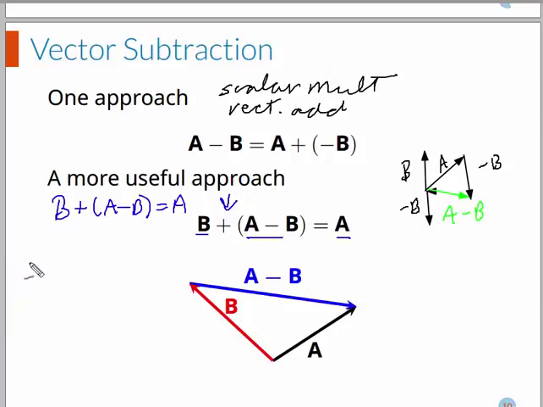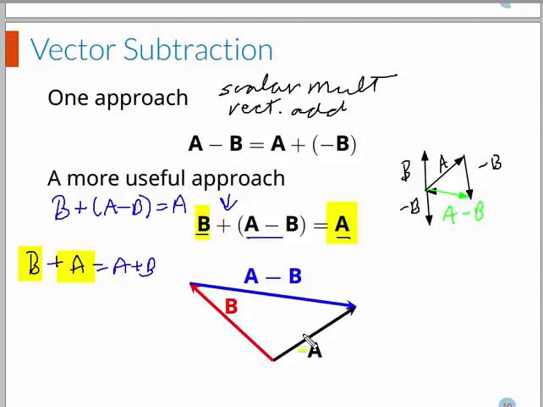Previously, we had B plus A, for example, equals A plus B. So we knew B, we knew A, and we found A plus B. Here we're going to know B, we're going to know A, but we're going to find A minus B.